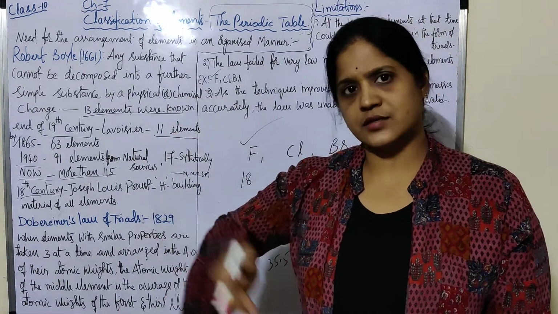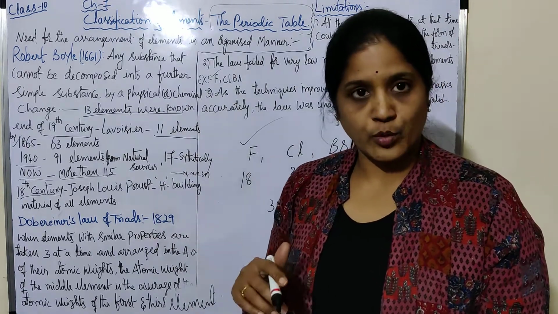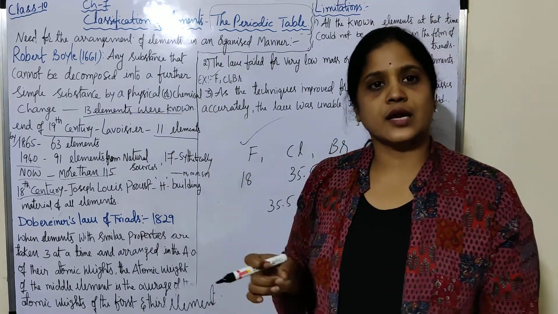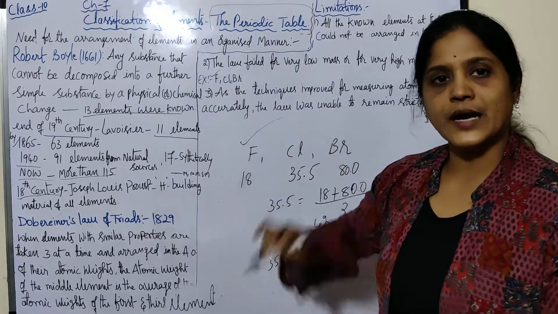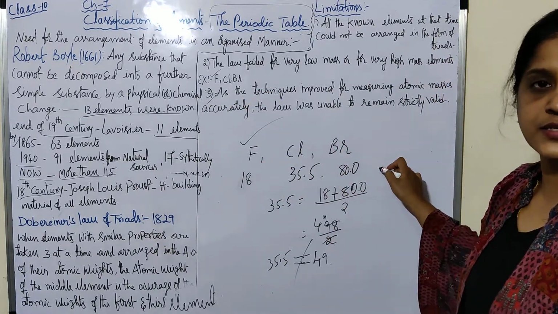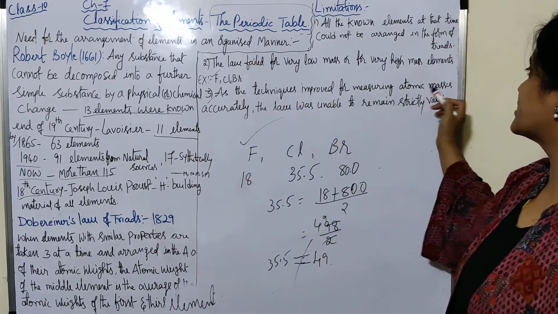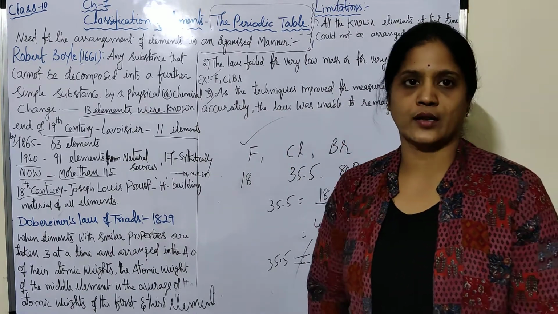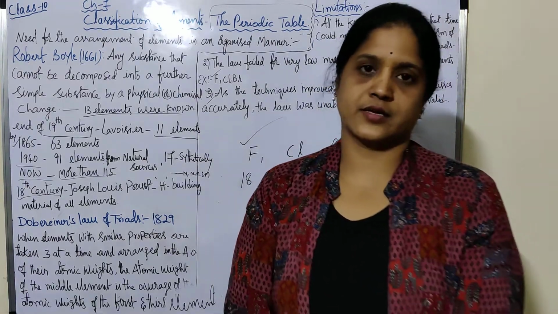At present the techniques have improved, and atomic weights can be found accurately up to decimals. So there may be a problem with the atomic weights he arranged. These are the limitations of Dobereiner's law of triads.